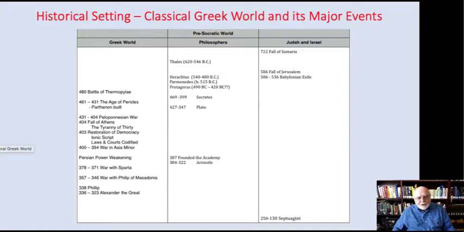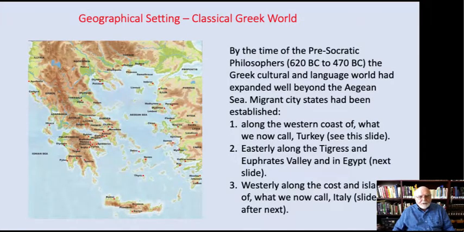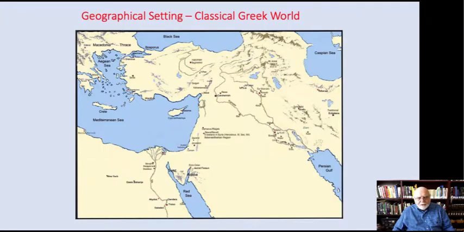And it's worthy just to remind ourselves that Greek civilization was much more than Athens. There were Greek cities scattered around the Aegean Sea, and not just around the Aegean Sea, but also along the coastline of the eastern Mediterranean, and even as far south as the Tigris-Euphrates River, you can see there.